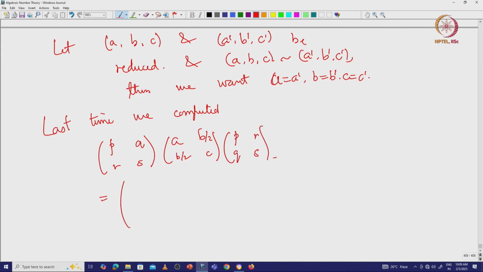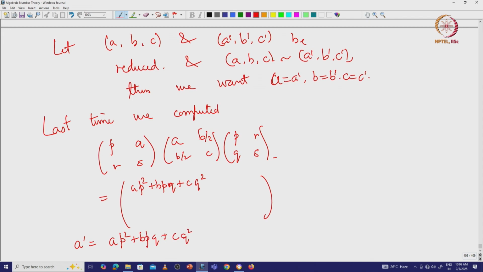And so, the first quantity of this was A P squared plus B P Q plus C Q squared, right. So, that is what it was, and then something something here, I do not care. So, this means that A prime is A P squared plus B P Q plus C Q square for some P and Q.